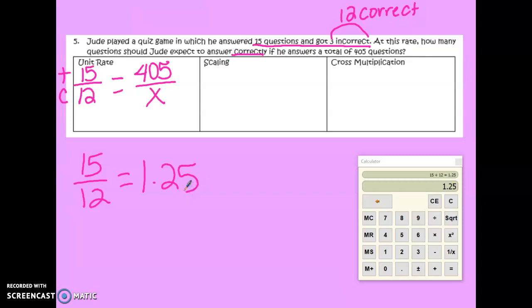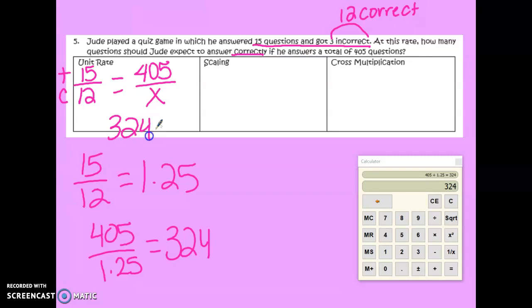Remember when we're trying to find the denominator, we divide. So I'm going to take 405 and divide by 1 1/4. 405 divided by 1.25, and I get 324. Okay, 324 correct responses.